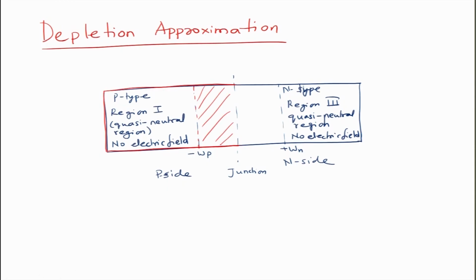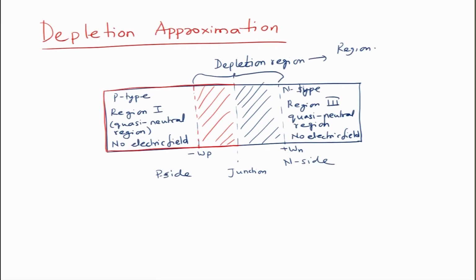And if I take the original color, then this total is, we can say, the depletion region, which is basically demarked as region 2, okay, which is with electric field.